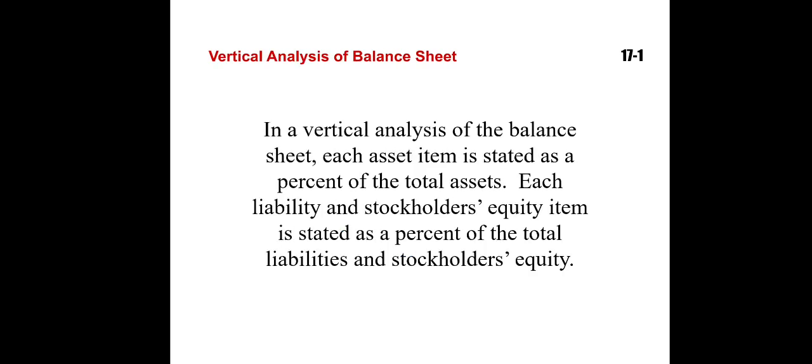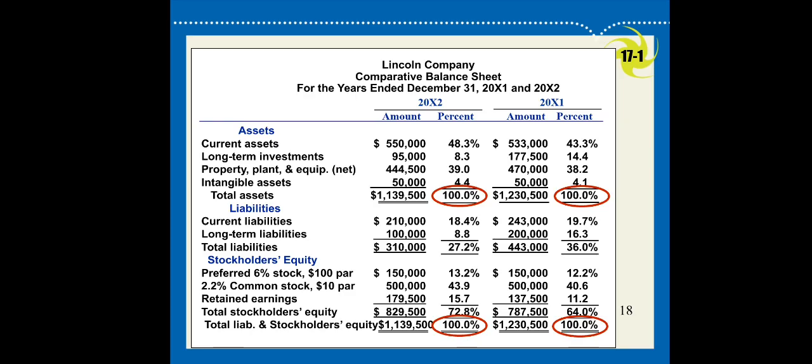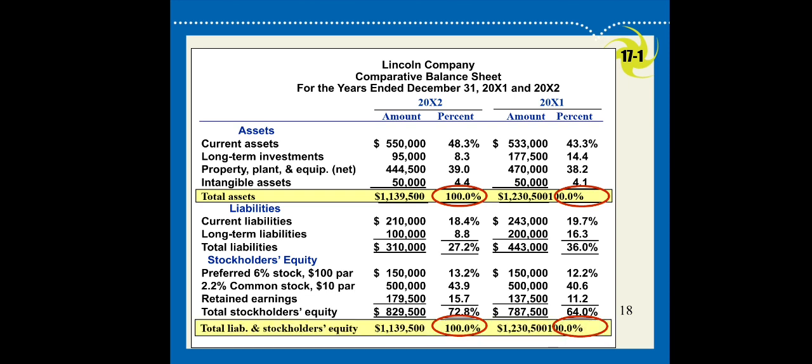Let's see. In a vertical analysis of the balance sheet, each asset item is stated as a percent of the total asset. Each liability and stockholders' equity item is stated as a percent of the total liabilities and stockholders' equity. Okay, so how to do a vertical analysis? To do a vertical analysis, you have to do the thing like this.